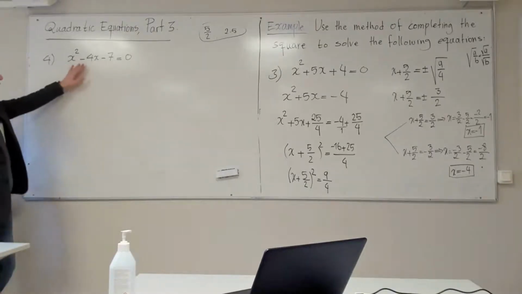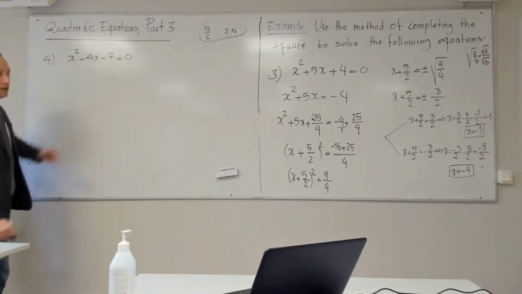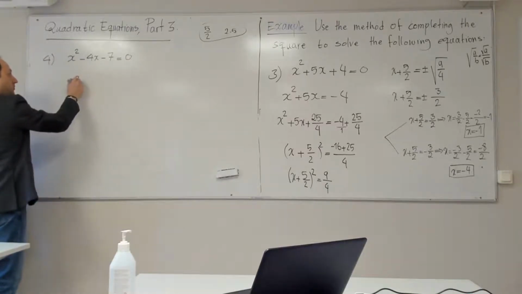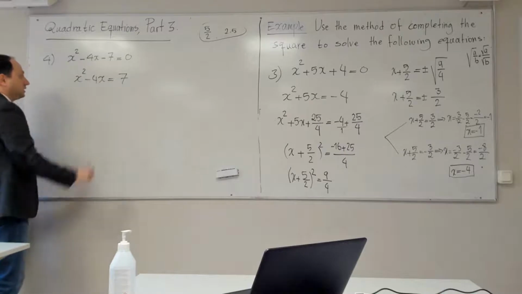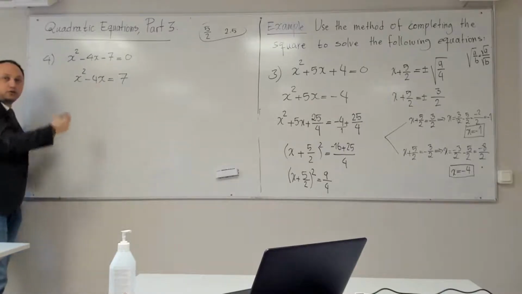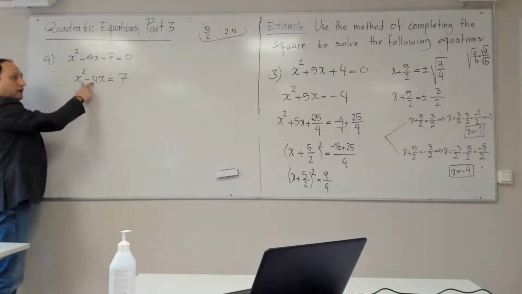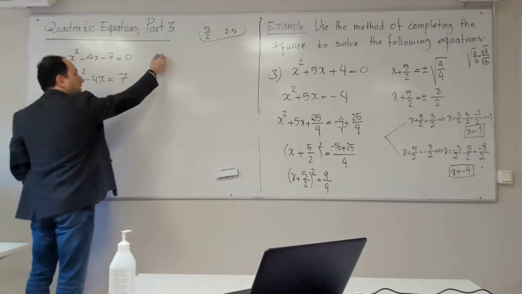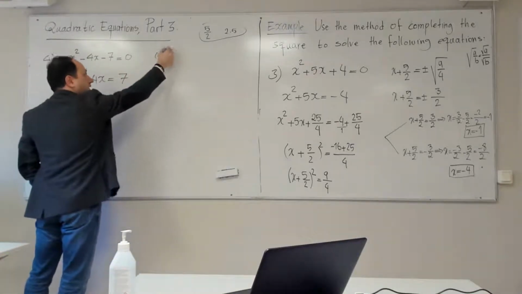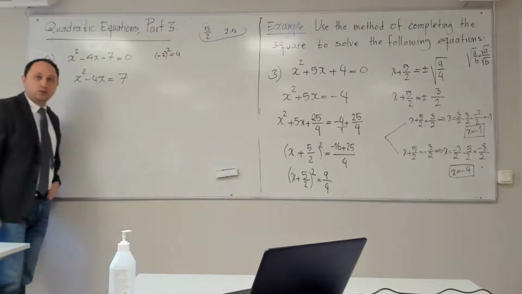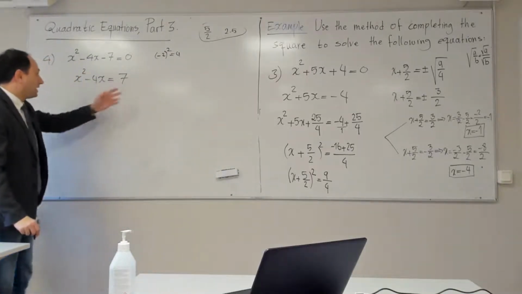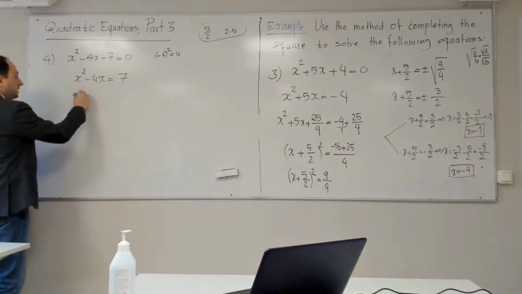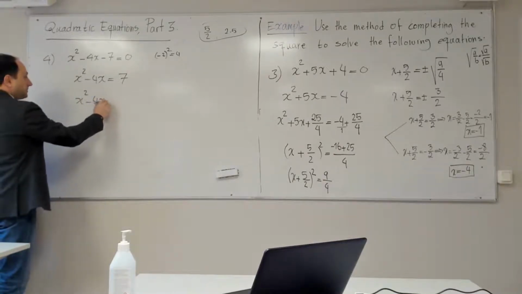Okay, because you know what we have to do, let me just do it quickly. So I move the constant number to the right. It becomes positive. I go to scratch paper or I do it in my head. I'm supposed to divide this middle number by 2. It becomes minus 2. And then square it, it becomes positive 4. So my magic number that I have to add to both sides is 4. So I add 4 to both sides. It becomes this.